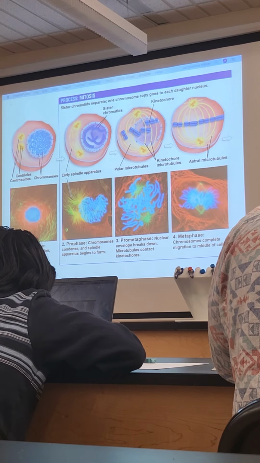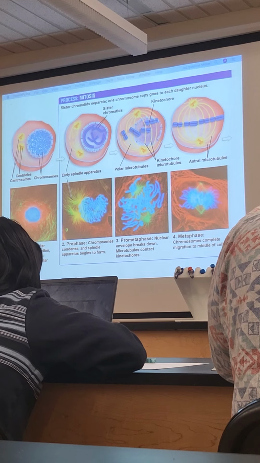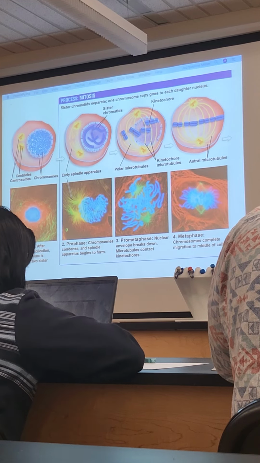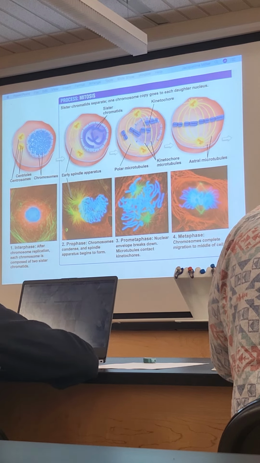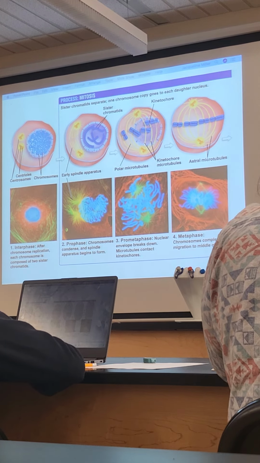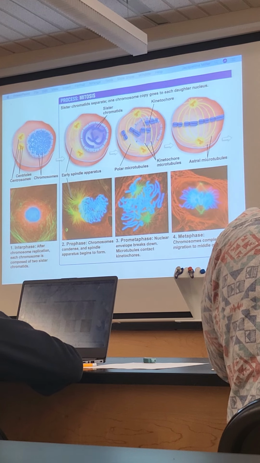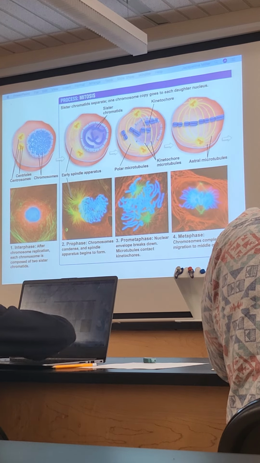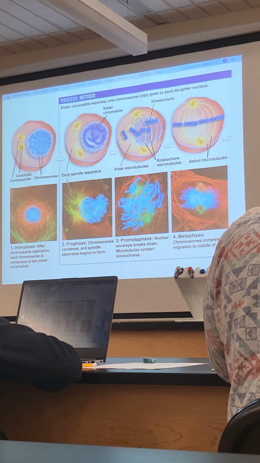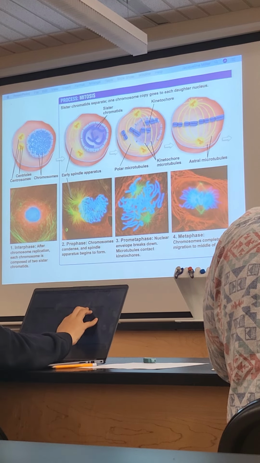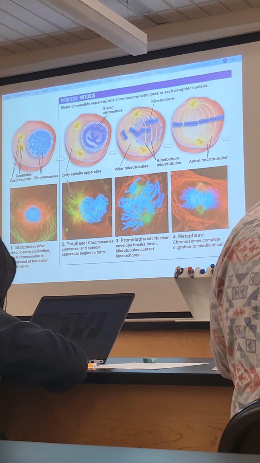So in prophase, the chromosomes are much more visible. One thing is that the nuclear envelope starts to break down and disappears. Actually the membranes are reorganized during mitosis. And then the chromosomes start to thicken, so they condense so that they're more visible.